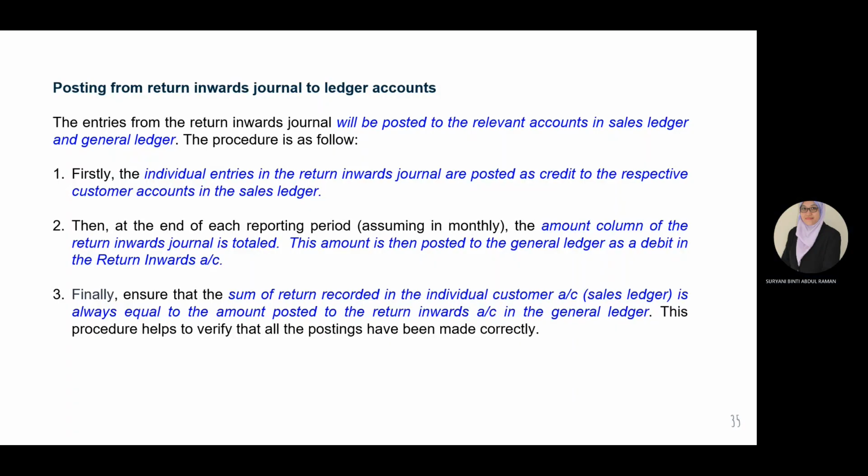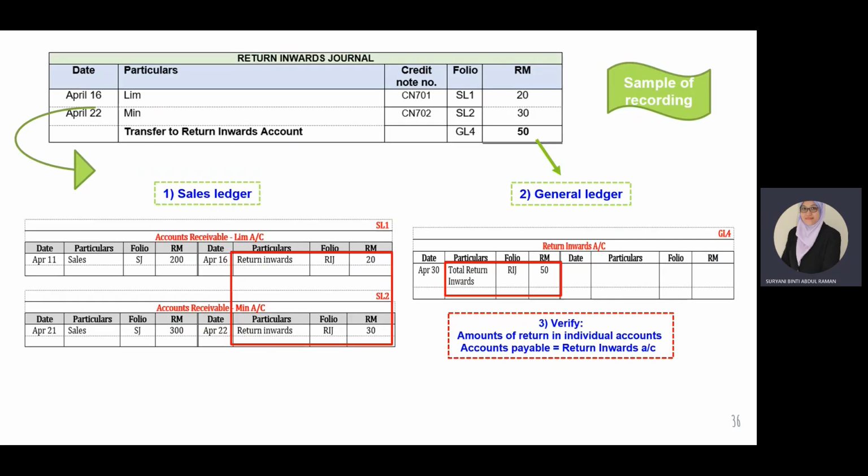Again, these are the steps to post transactions from journal to ledger, and let us do the answer together. The same procedure is repeated. The first thing is to record this individual transaction of return inwards into the sales ledger account. As you can see, this account SL1 is already opened.